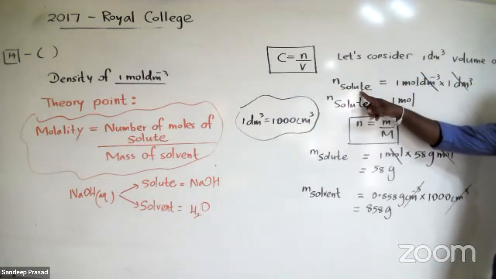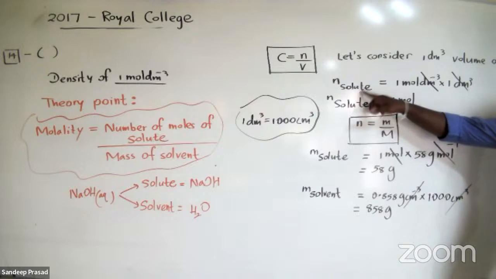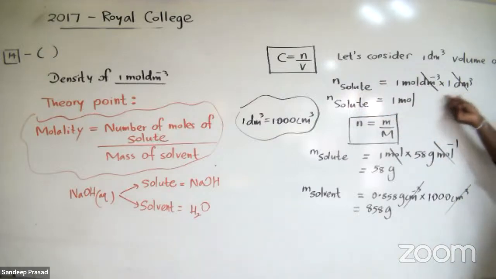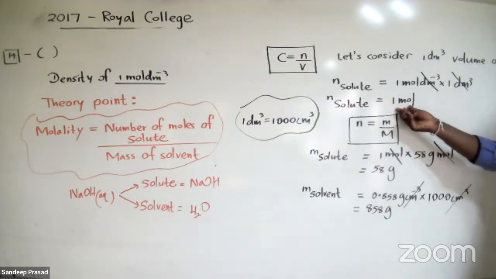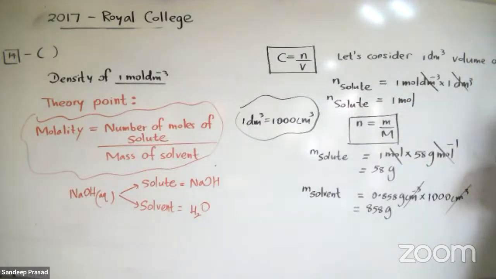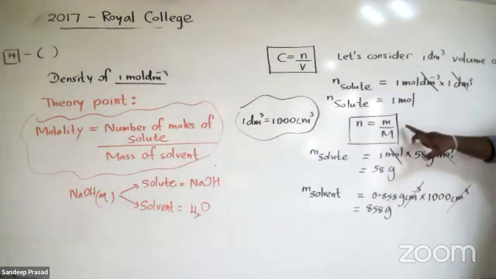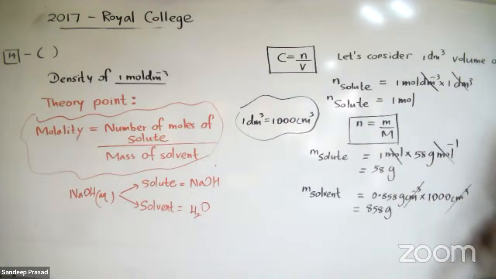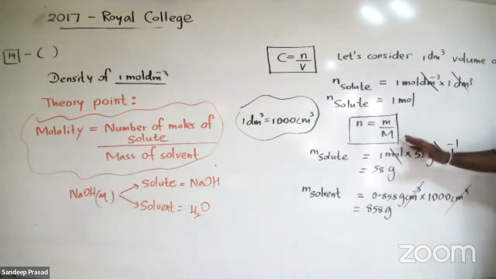Then we can find the number of moles of solute, because concentration 1 mole per cubic decimeter multiplied by the volume gives the number of moles, according to C equals n by V, right? And then we can find the mass, because number of moles 1 multiplied by molar mass 58 gives the solute mass and the solvent mass.